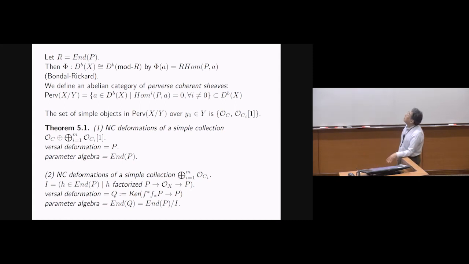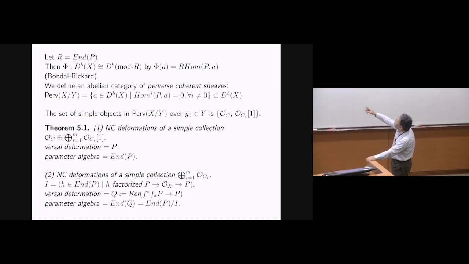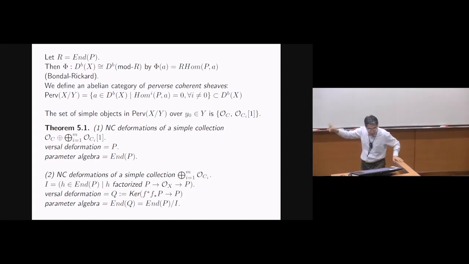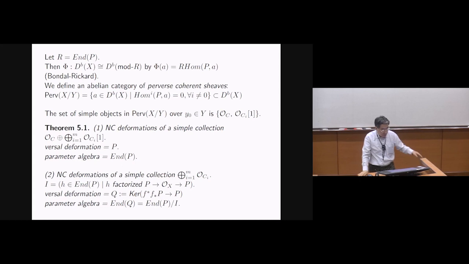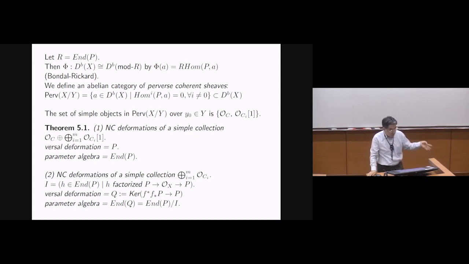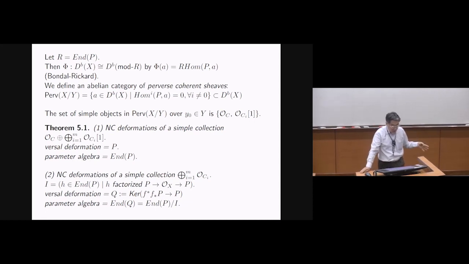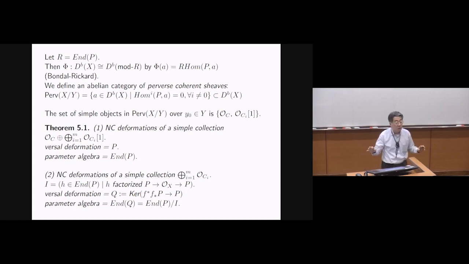So there is a derived equivalence between the derived category of X and the derived category of modules. On the right-hand side, there is the abelian category of modules, and on the left-hand side, there is the abelian category of coherent sheaves. And this derived equivalence changes the so-called t-structure. So these abelian categories do not correspond.